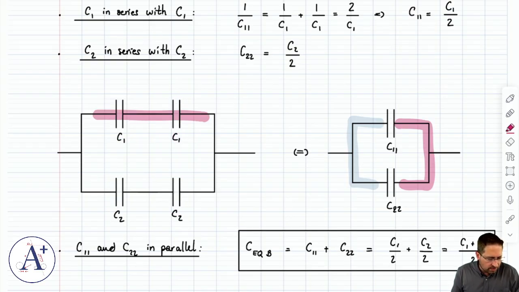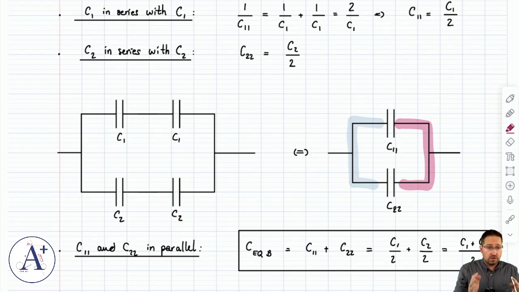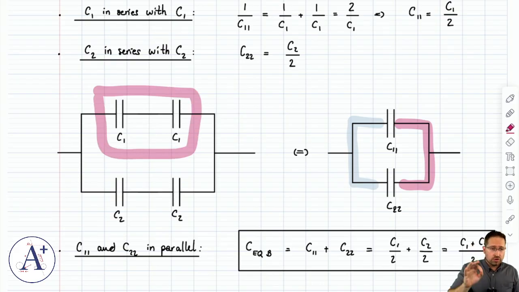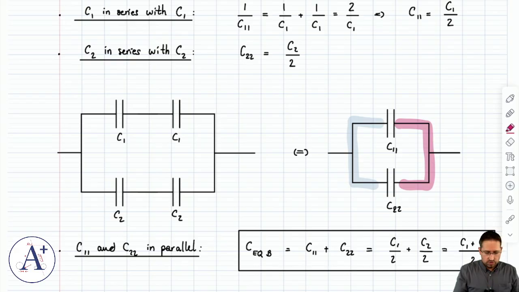Why do I not say that they're first in parallel? Well, again, it's because you start with the combination of 2 capacitors for which there is no doubt. If you say that these are in parallel, yes, the 2 arrangements, top and bottom, are in parallel. I'll agree with you. But that involves 4 capacitors at first. So take 2. These 2 for sure are in series. Same for these 2. Boil them down to 2. Now these 2 are in parallel.